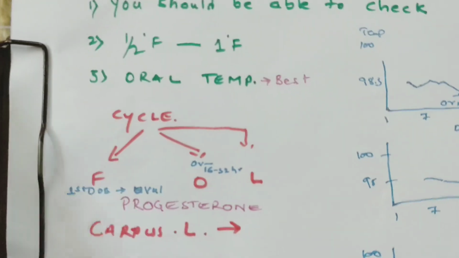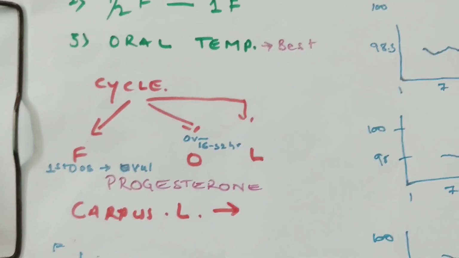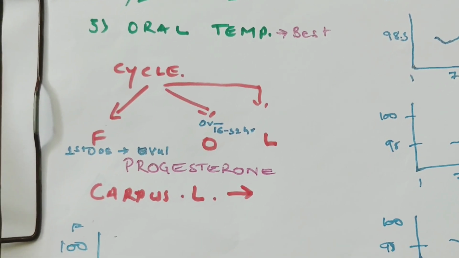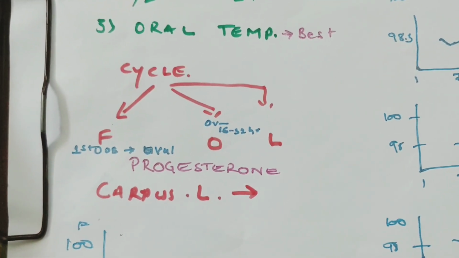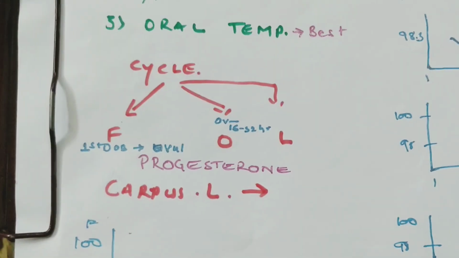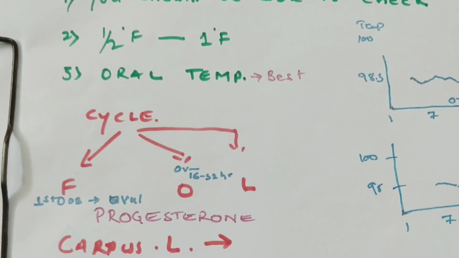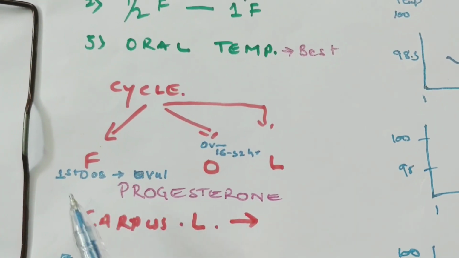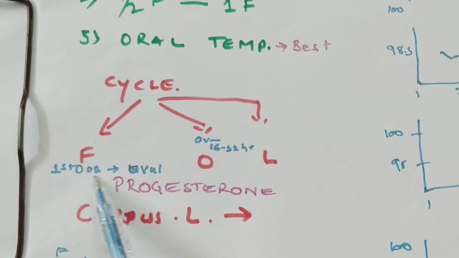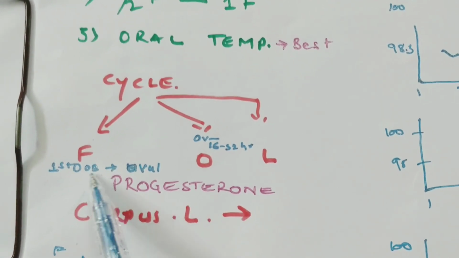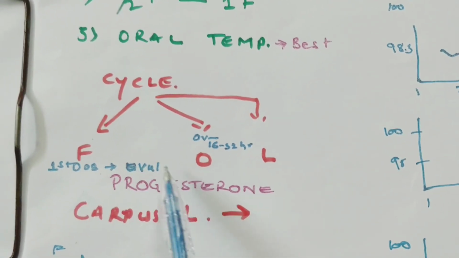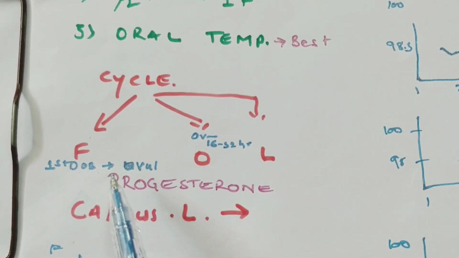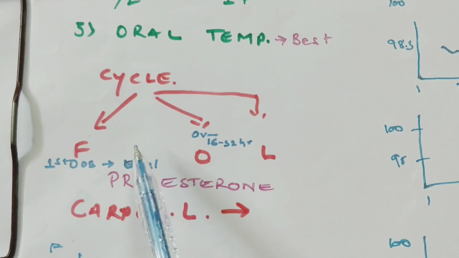As you are aware, there are 3 phases during the menstrual cycle: first the follicular, then the ovulatory, and then the luteal. The follicular phase runs from the first day of bleeding till the ovulation, which is nearly 13 to 16 days, the ideal being 14 days.